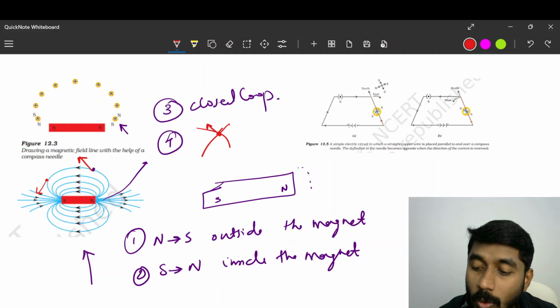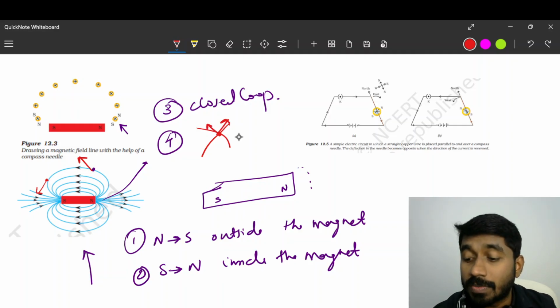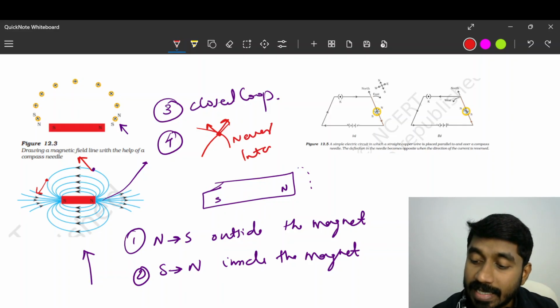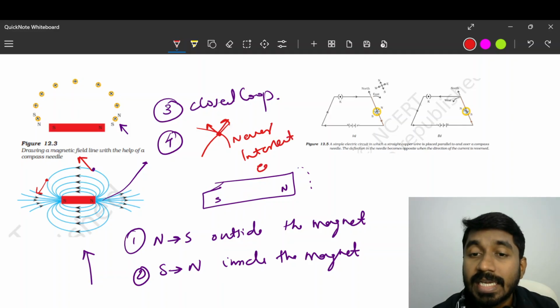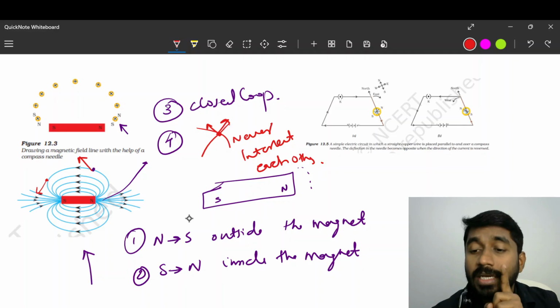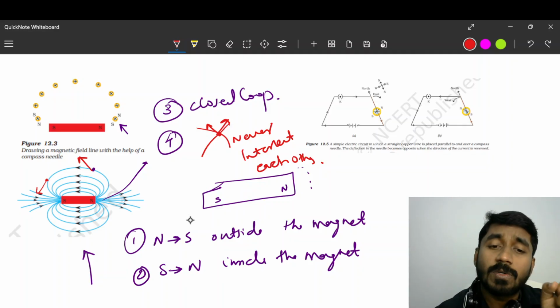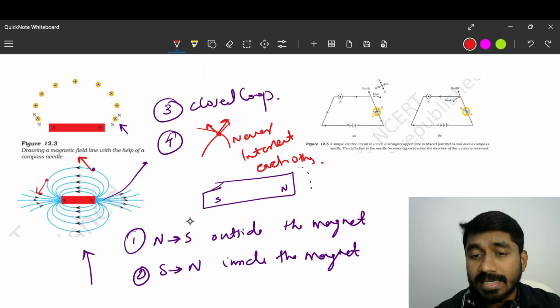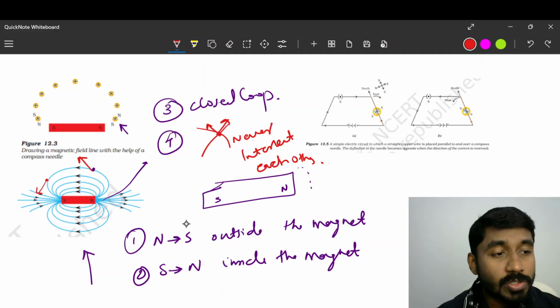That is not possible, so the magnetic field lines never intersect each other. So what are the properties? It is a continuous closed curve originating from the north to the south pole outside the magnet, and inside the magnet, the direction of the magnetic field is from south to north pole.